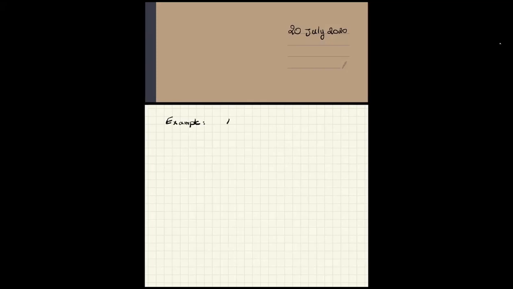So evaluate the line integral. Okay, and what is C?